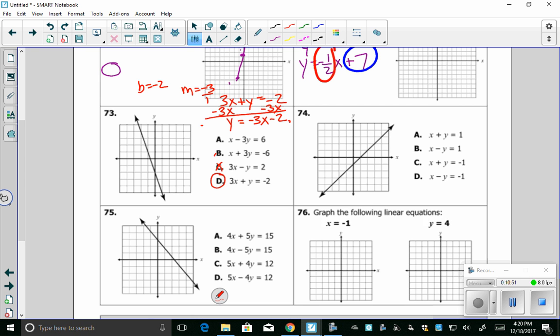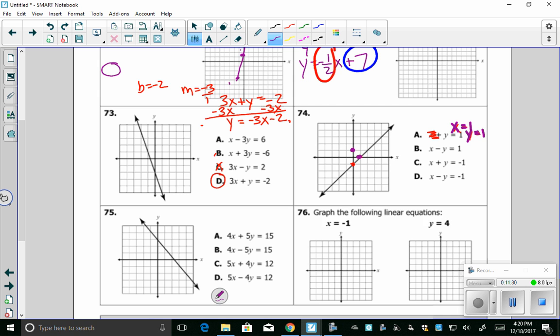Okay, for number 74, you can clearly see what your x and y intercepts are. So I would use the method of finding x and y intercepts to solve this one. To find the x-intercept, cover up the y, and you get x equals 1. To find the y-intercept, you cover up the x, and you get y equals 1. Well, if it was x equals 1 and y equals 1, it should be here and here.